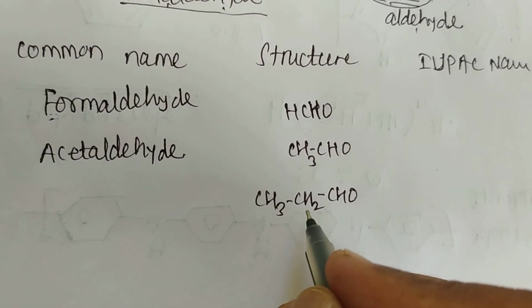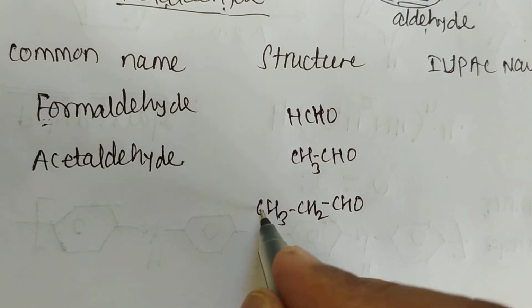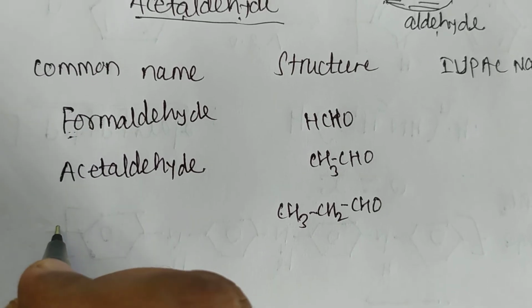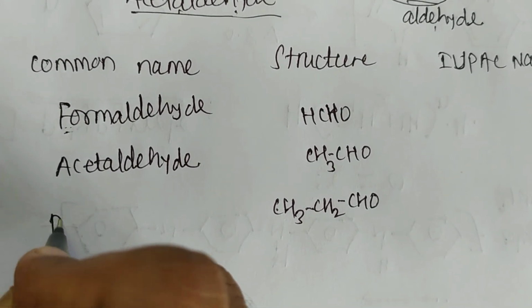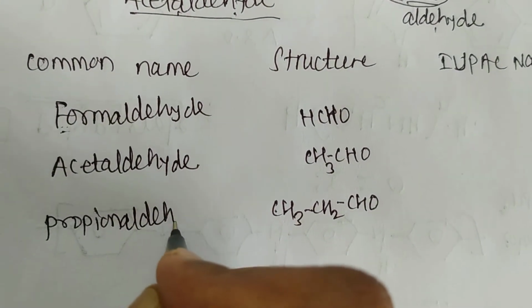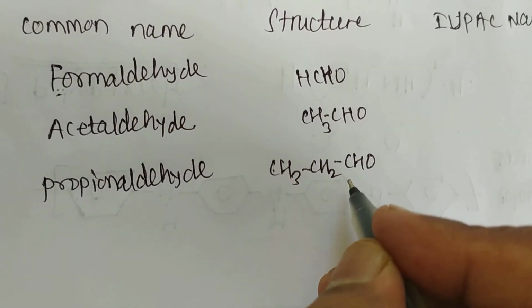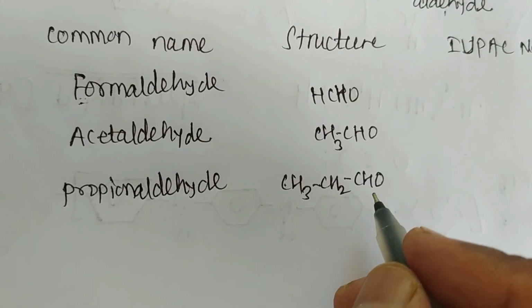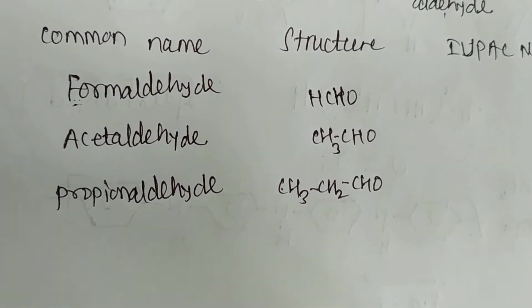What is its name? Here totally 3 carbon atoms are present in this given molecule. Therefore, it is propionaldehyde. When it undergoes oxidation, we obtain propionic acid. Therefore, it is called propionaldehyde.